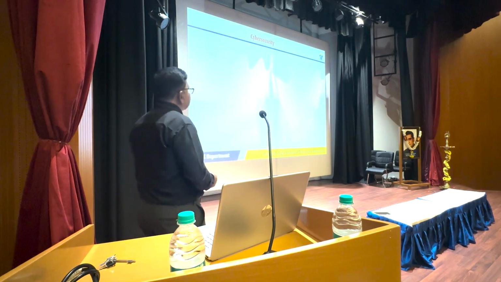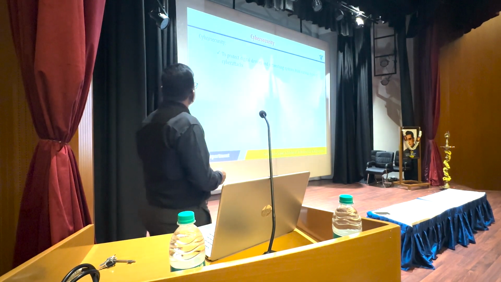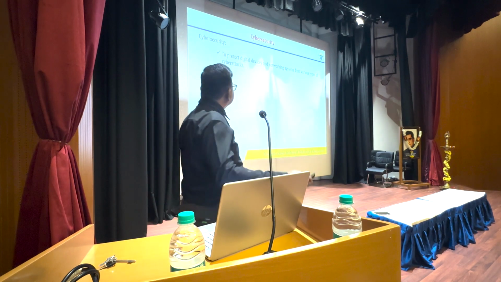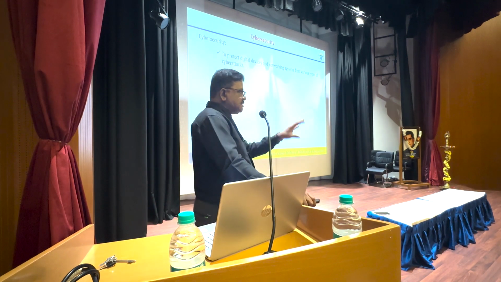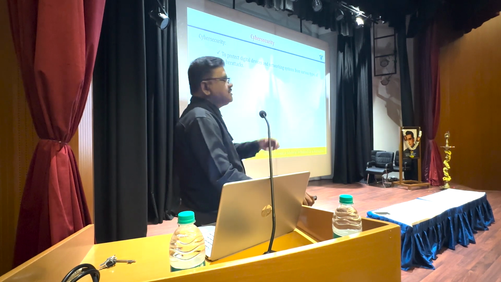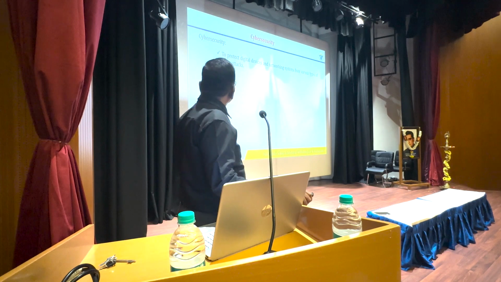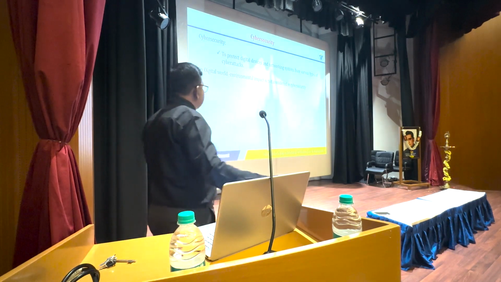What is cyber security? First thing, cyber security means what? It is to protect the digital devices and network system, that is the communication system you will be having, from various types of cyber attacks. That is your cyber security.